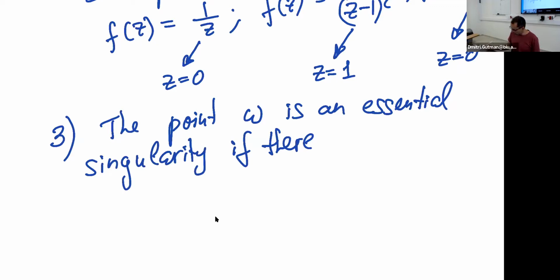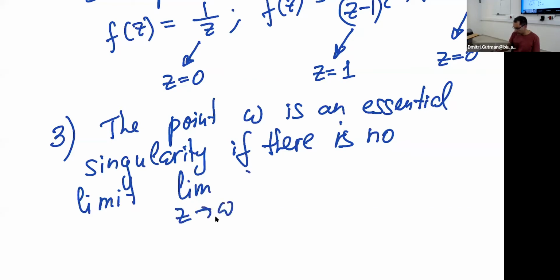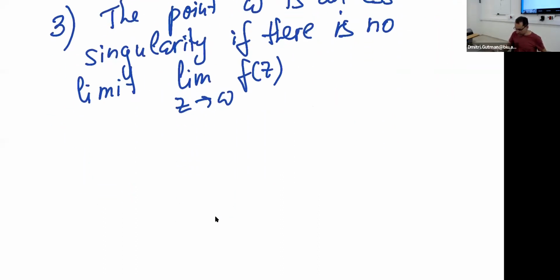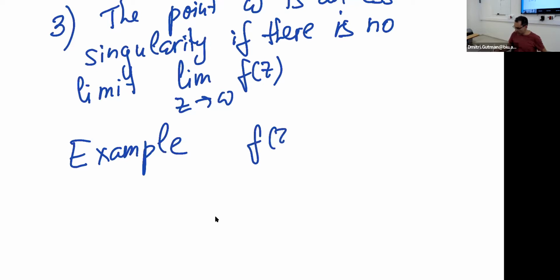Okay. So the point W is an essential singularity if there is no limit, if this limit is ill-defined. The canonical example of an essential singularity that everybody likes is the function f of z equal e to the power of 1 over z.